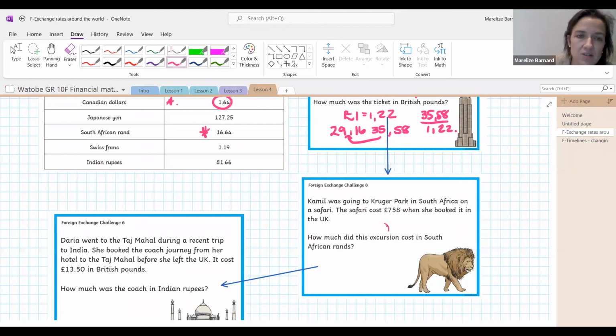So here's our exchange rate, 16,64. So 1 pound is going to give you 16,64 rand. So you guys can imagine that if you are British, you only take out 1 pound, but you get 16 of them back. So how much does this cost in South African rand? 758.